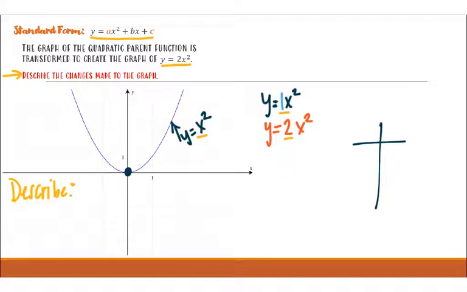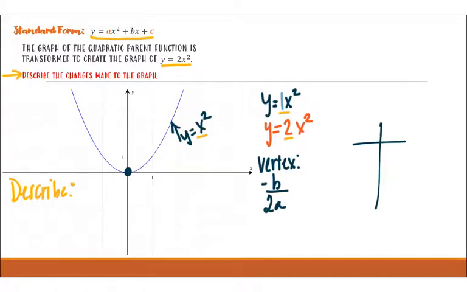So how do we find the vertex of y equals 2x squared? Well, our vertex is equal to negative b over 2a. There's also a video on how to find the vertex from last week as well. Looking at our equation, y equals 2x squared, and comparing it to standard form, the b value is in front of the x term.